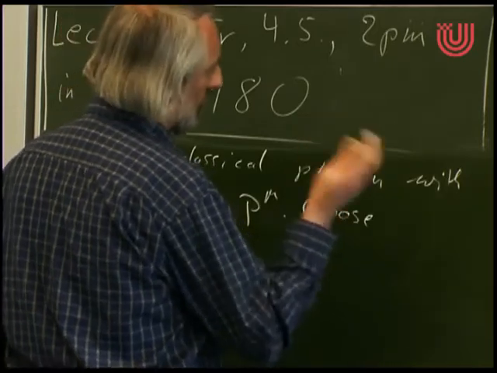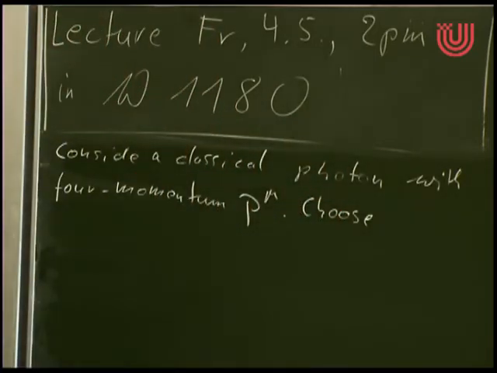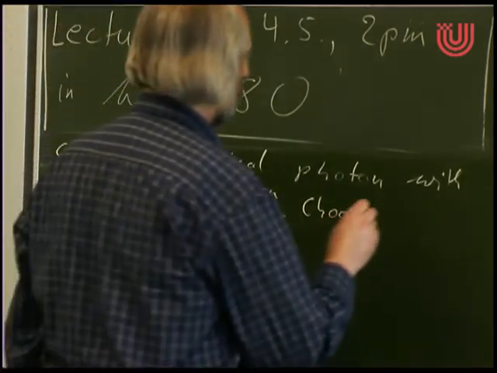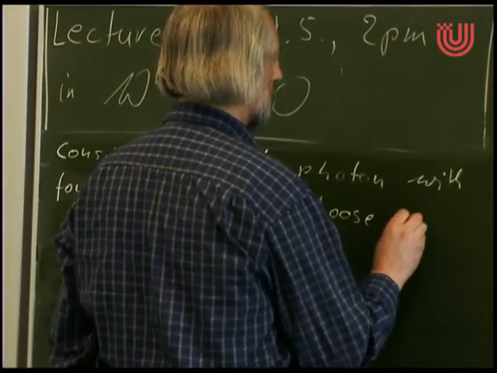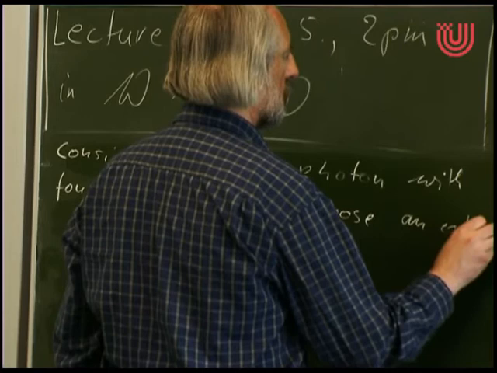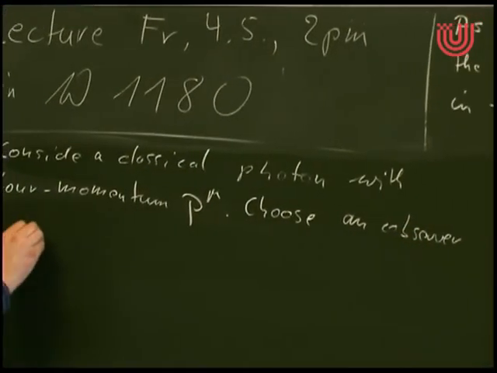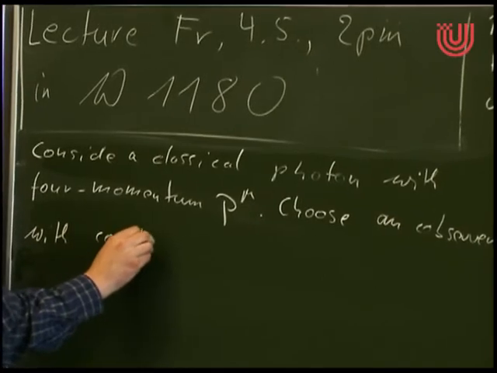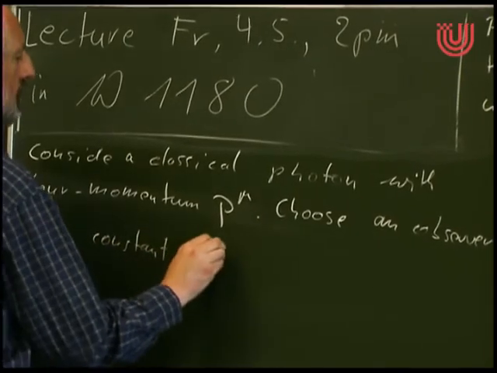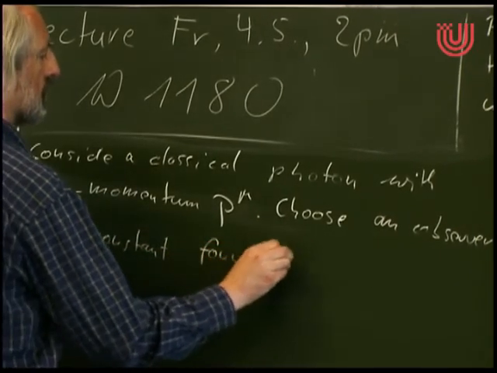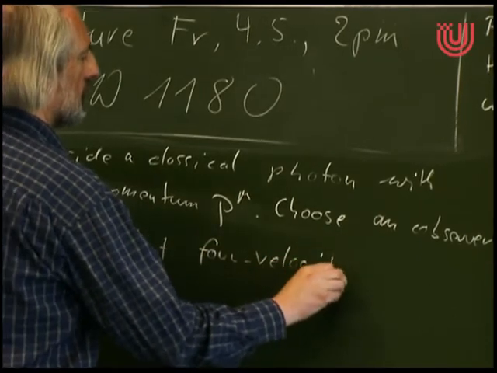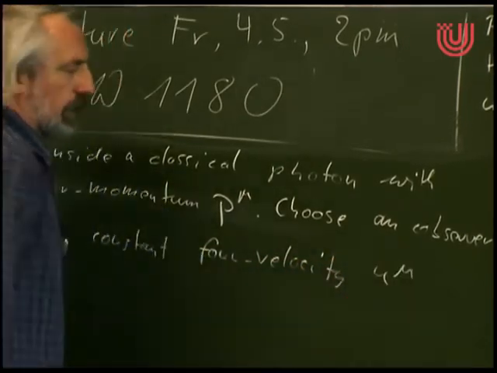And we choose one observer. Later we will do a second one, and then we transform from one to the other. Choose an observer with constant four-velocity u mu. Okay, so here's a picture.